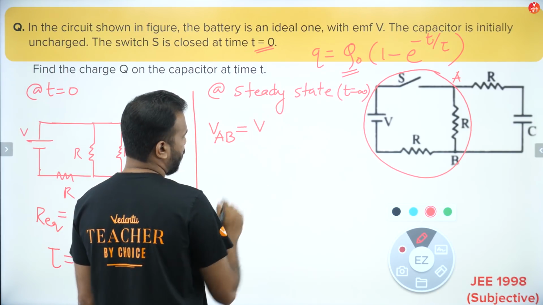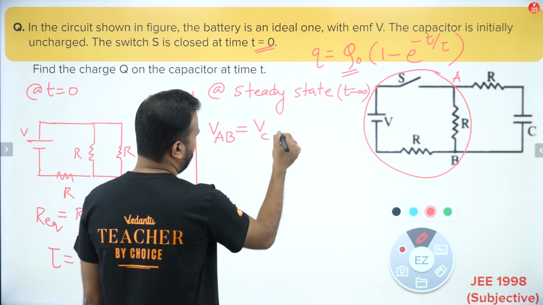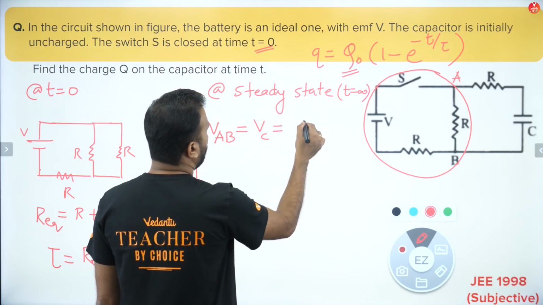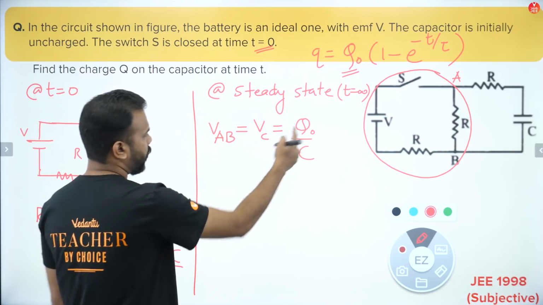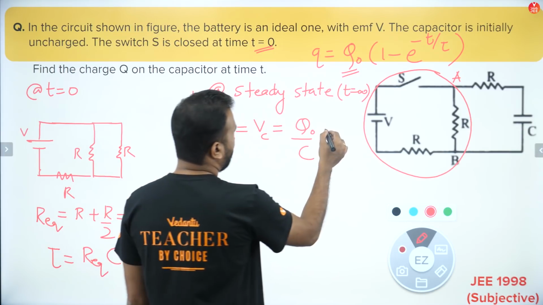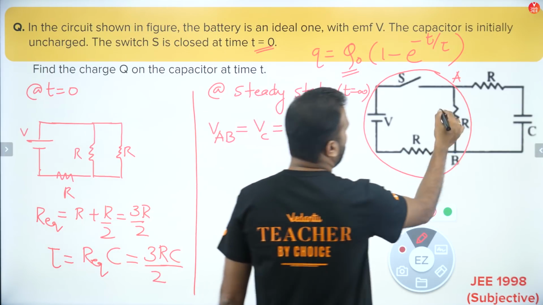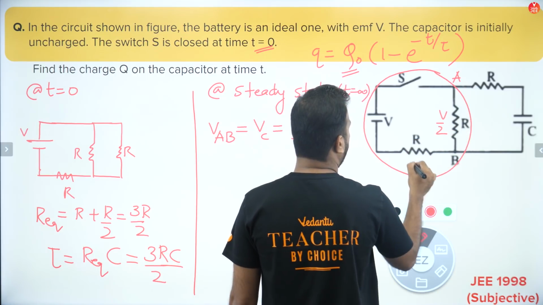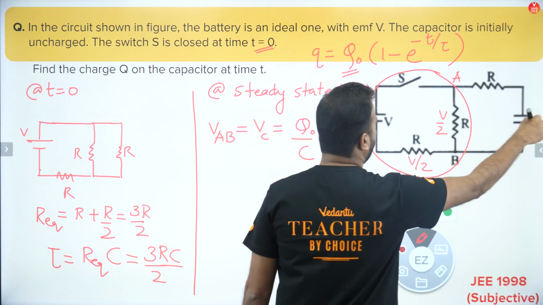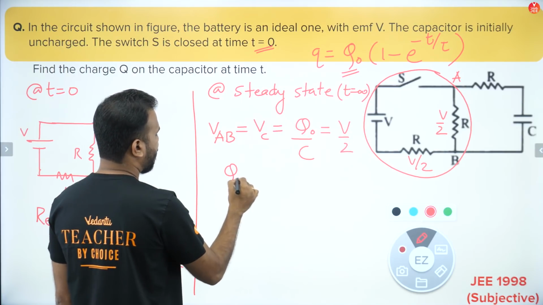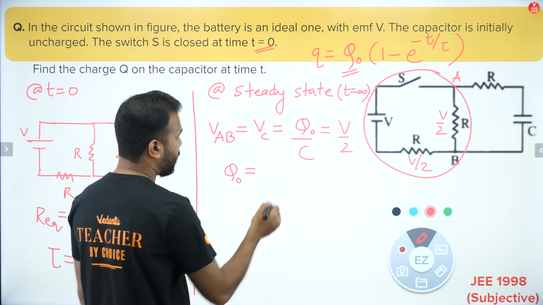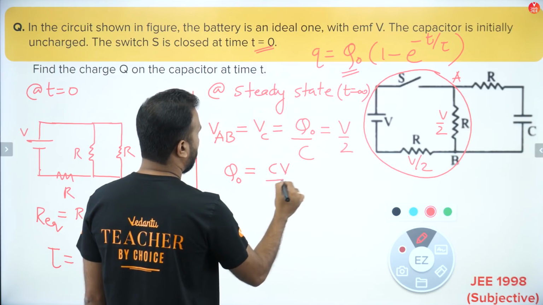The voltage on the capacitor, let's call it VC, will be equal to Q naught by C, because Q naught is equal to CV, and this value is V by 2 on this one and V by 2 on this one. So this and this are the same, so let's equate it as V by 2. The maximum possible charge which can come on the capacitor is CV by 2.